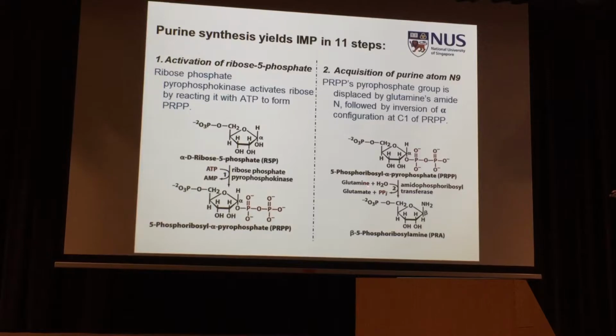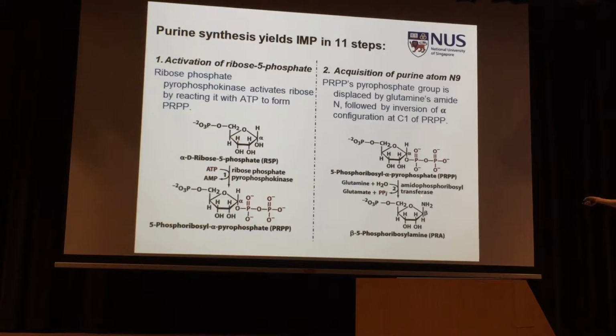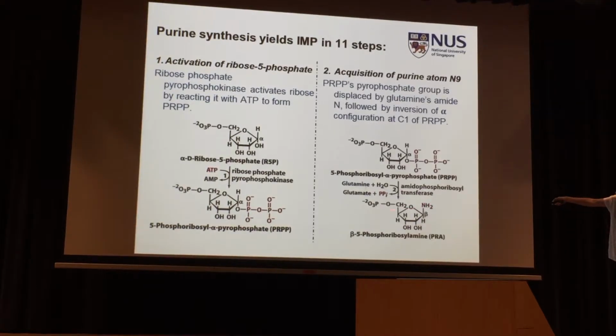So glutamine will donate its nitrogen to the ribose sugar, and in the end becomes glutamate, leaving the reaction as glutamate. The molecule that results is called phosphoribosylamine, because we have removed the pyrophosphate and added an amine group in that position, and at the same time an inversion occurs.